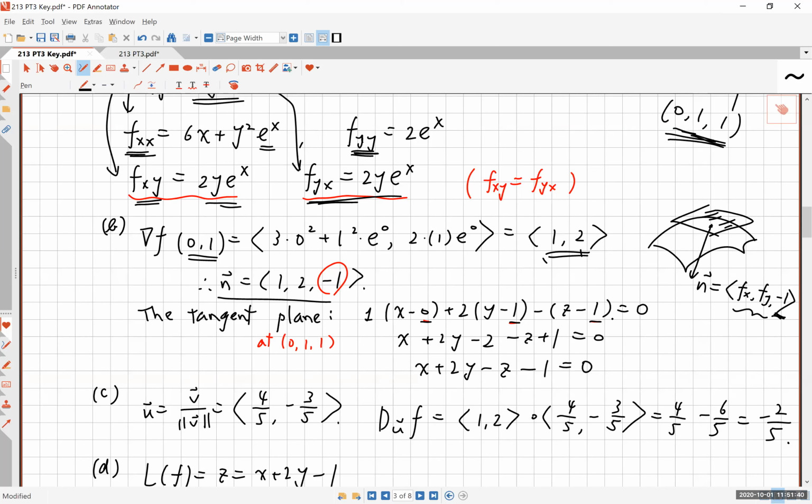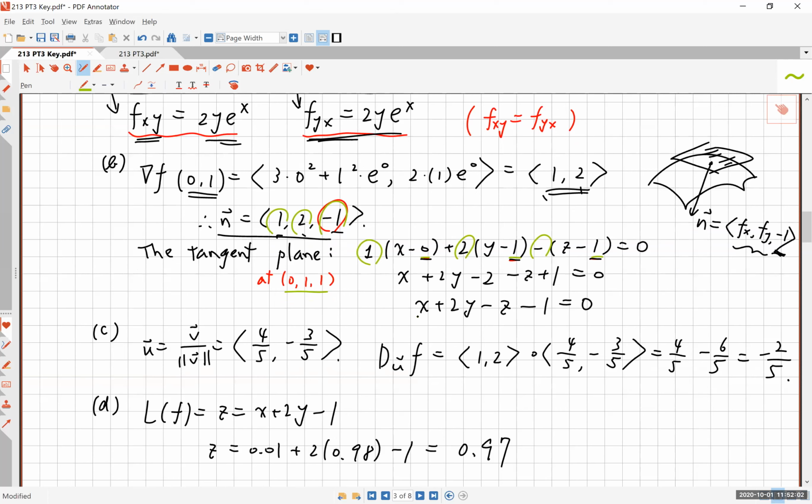Then you can just plug these numbers into the formula for a plane. So the numbers 1, 2, -1 happen here, 1, 2, -1, right? These are the coefficients. And these numbers happen at these spaces, and so you will get your answer, which is this.